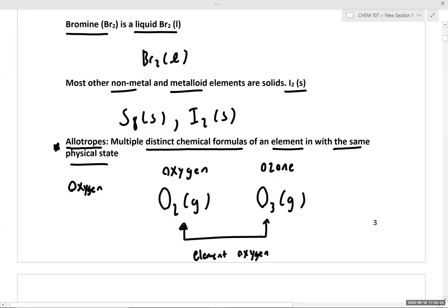We only have atoms of oxygen in our formula, but they have a different formula. Does that make sense? Same element, different formula. Any questions before we move on to the next topic?